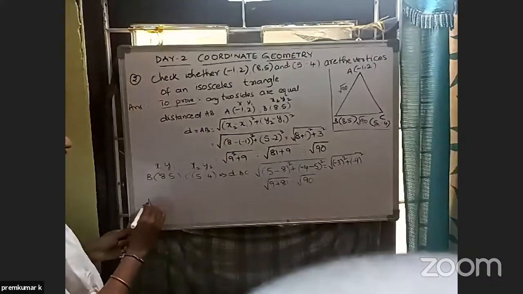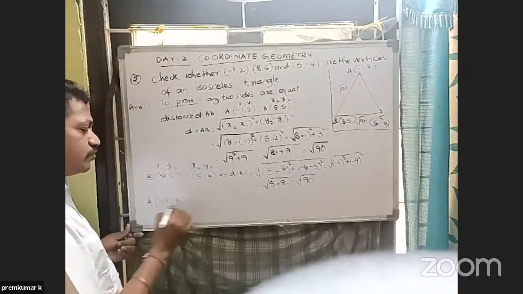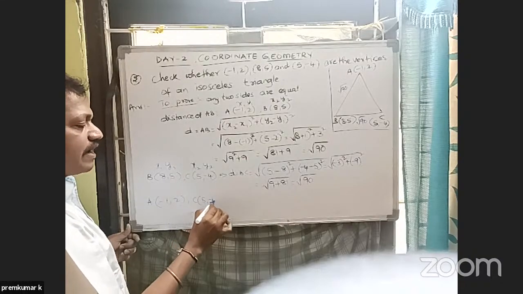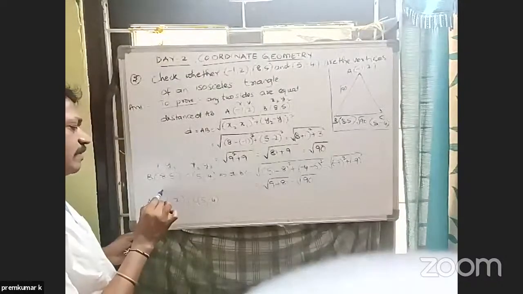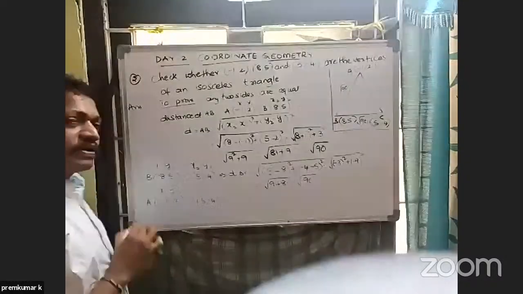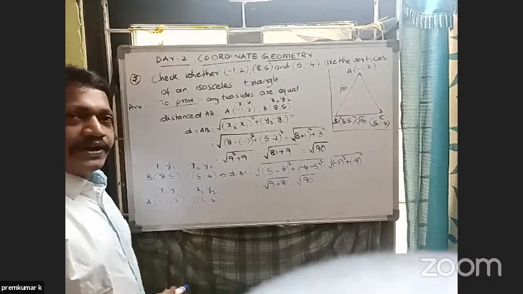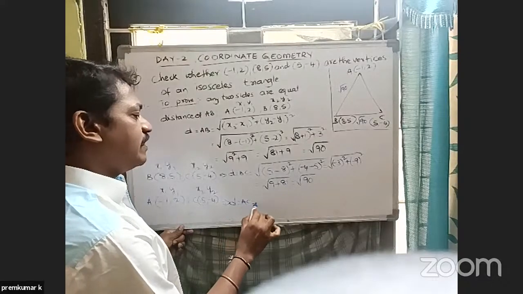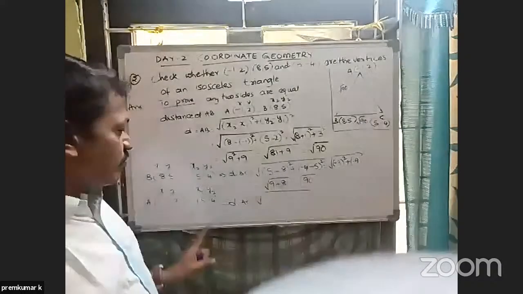Now what is the A value here? A is -1 comma 2. And what is C here? 5 comma -4. Now take this as x1 and y1, and this is x2, y2. Now the distance of AC is equal to, substitute these values in the formula.